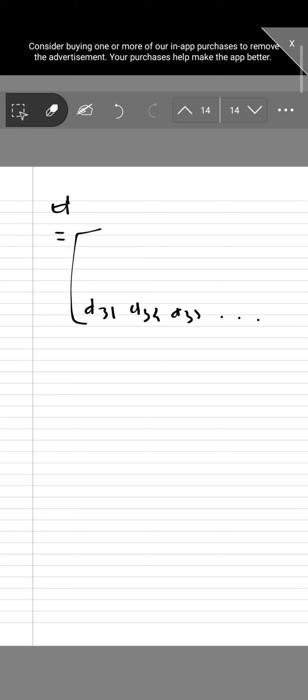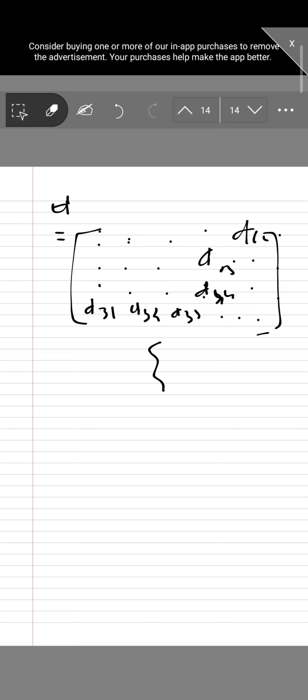Then again we have D44, D55 and D66, and all other terms are 0. This is getting multiplied by the stress.